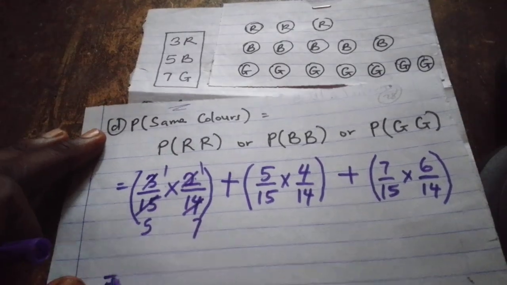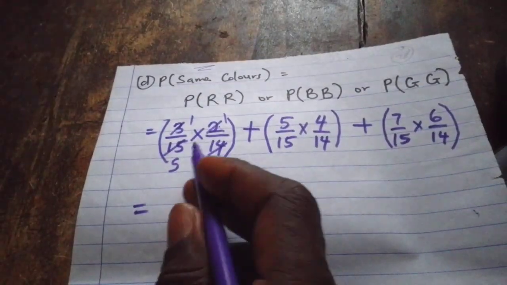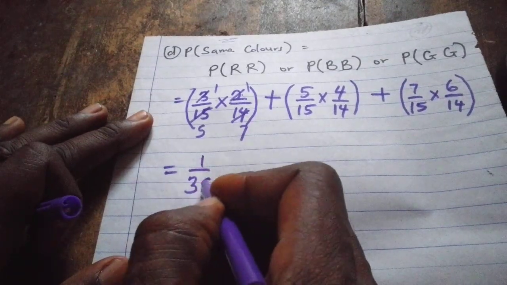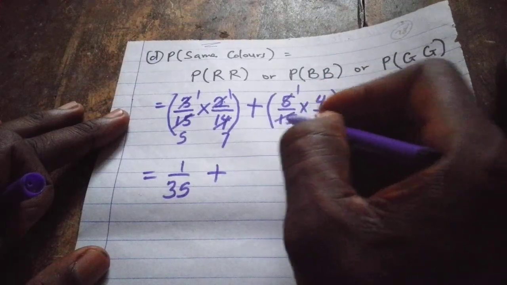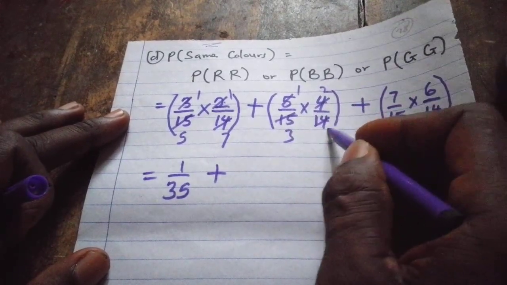So that means you'll be having 1 times 1 will give us what? 1/35, plus 5 here 1, 5 here 3, 2 here 2, 2 here 7.